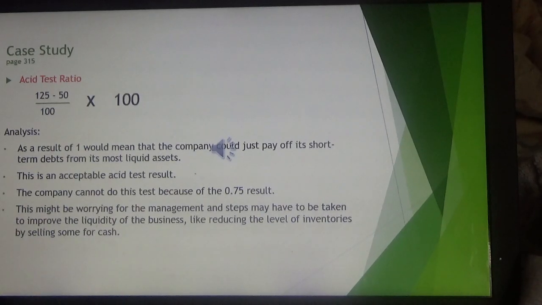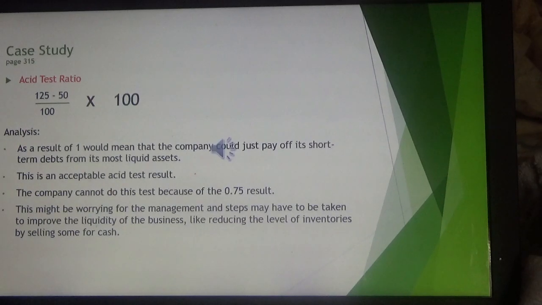A result of 1 would mean that the company could just pay off its short-term debts from its most liquid assets. This is an acceptable acid test result. The company cannot do this, however, because of the 0.7 result.